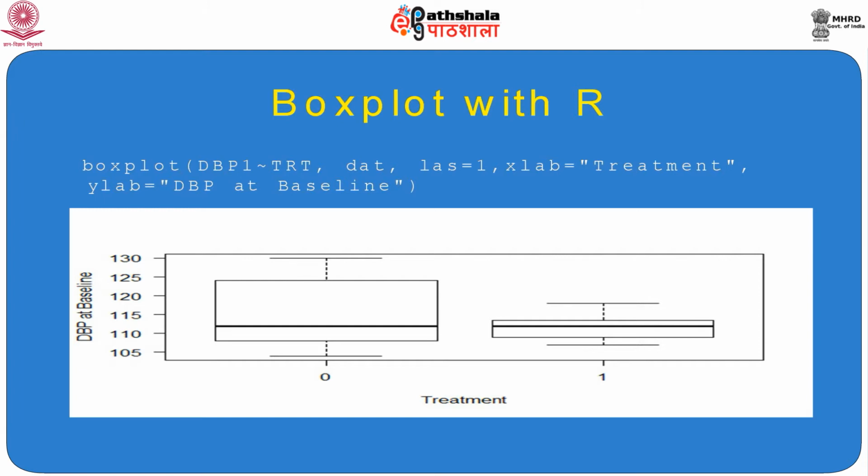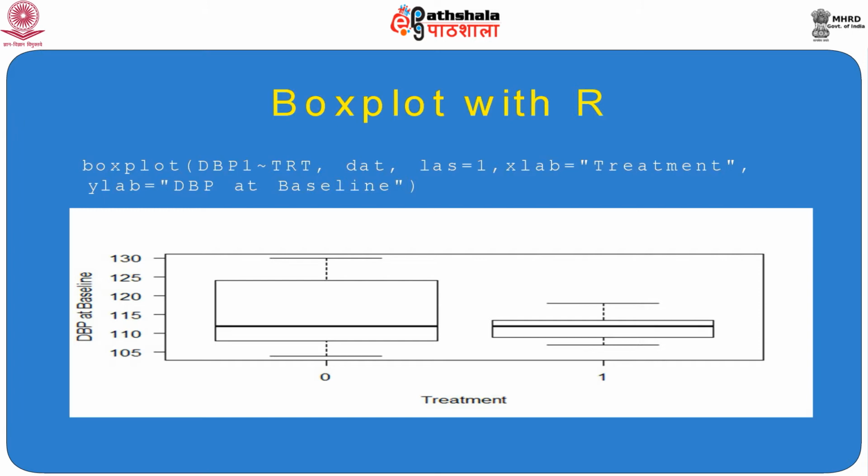This broad black line shows the median value, and both treatment groups of patients have the same median, whereas those treated with placebo had quite high maximum and minimum values. Starting from 100, the maximum value was nearly 130 and the minimum value was nearly 105. However, those treated with the intervention arm had maximum and minimum values between 120 and 107.